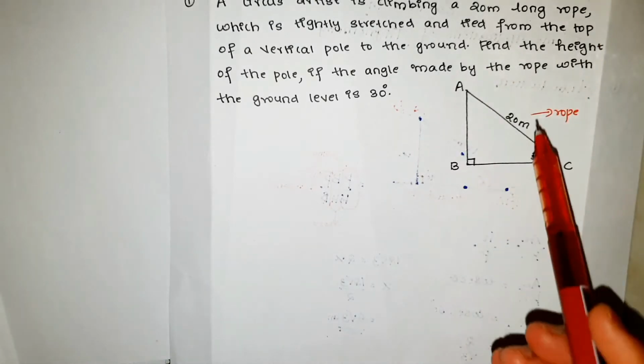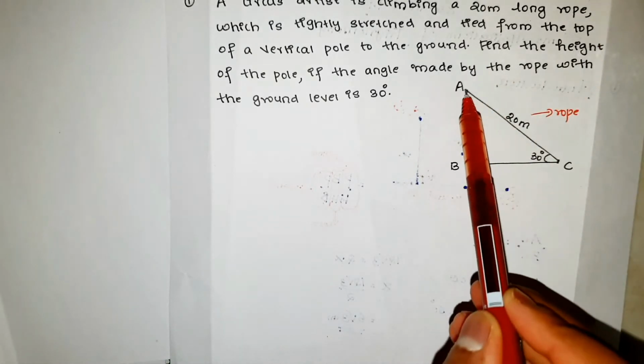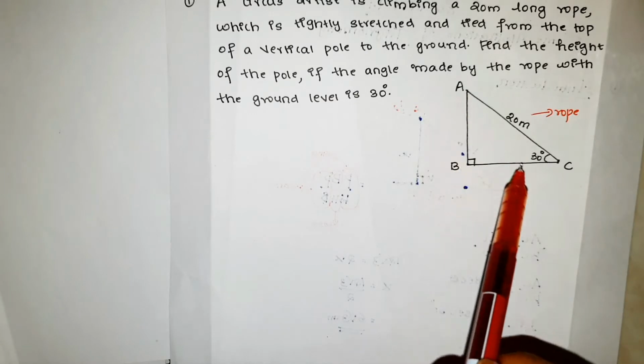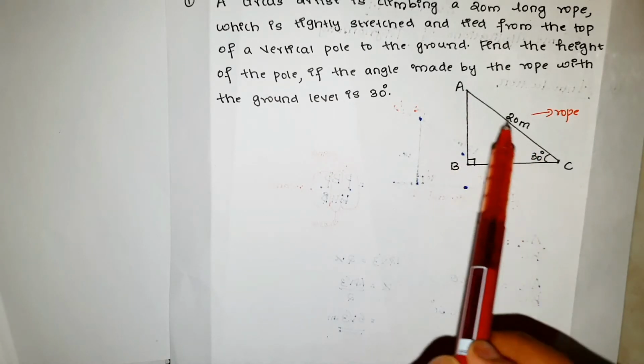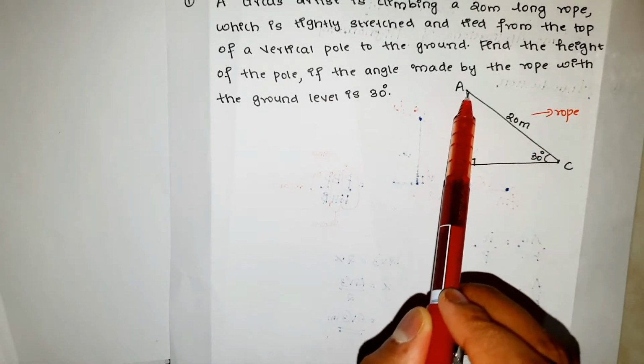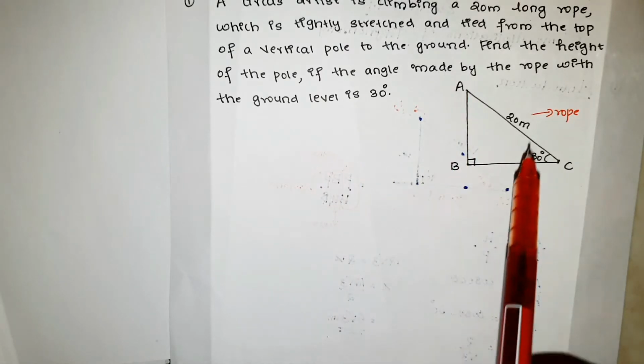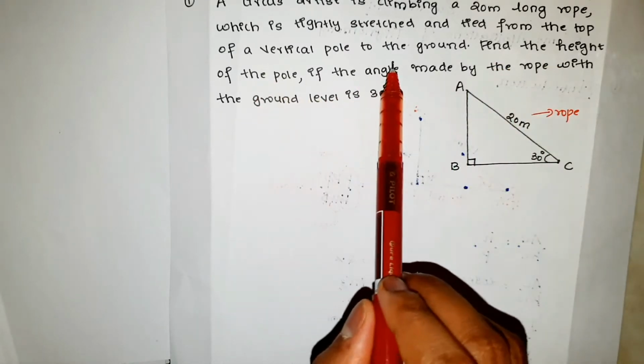Vertical pole means it is 90 degrees. So this is our vertical pole, and this rope is being tied at the top of the vertical pole to the ground.